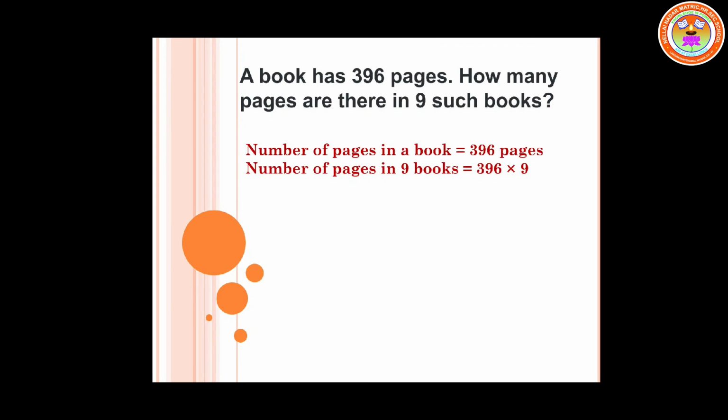Number of pages in a book. So a book has 396 pages. So let me write the number of pages in that book. So number of pages in a book is equal to 396 pages. And I have to find how many pages will be there in 9 such books. So number of pages in 9 books. So what should I do?